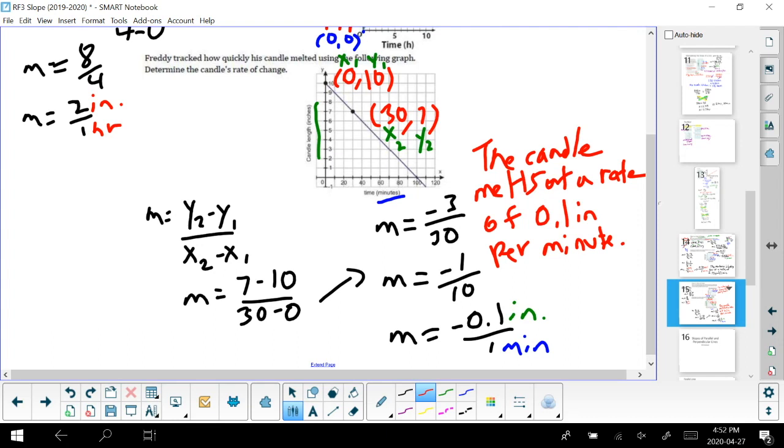Note that I said that it melts at a rate of 0.1 inches per minute. We don't want to say that it melts at a rate of negative 0.1 per minute. We've already implied that it's melting with that negative slope. So in this context, since it's melting, we don't need to mention that it's negative 0.1. It's just melting at a rate of 0.1 inches per minute.